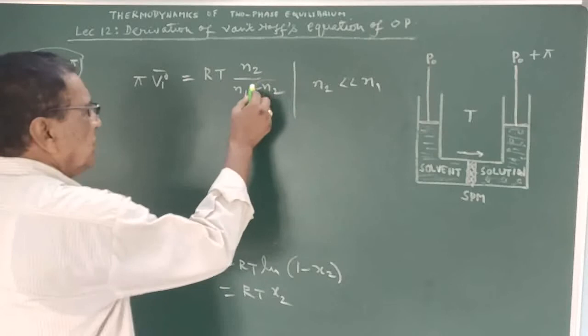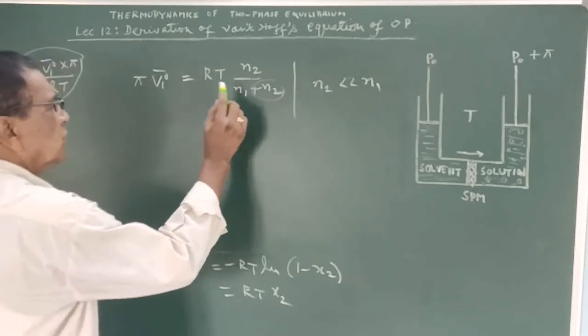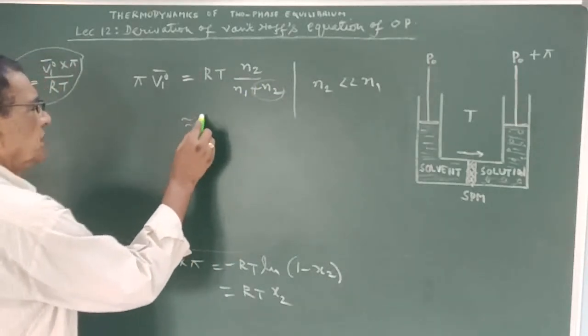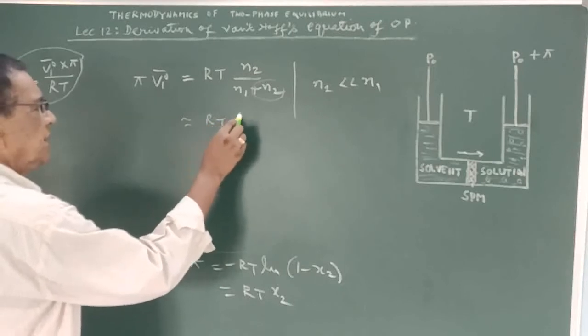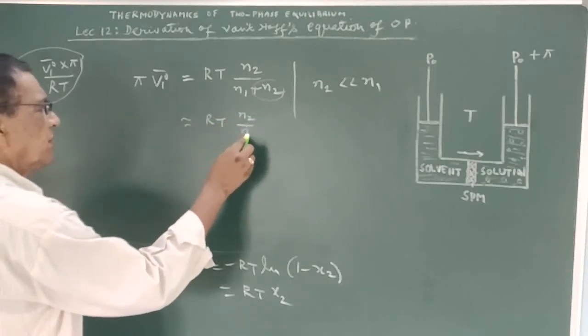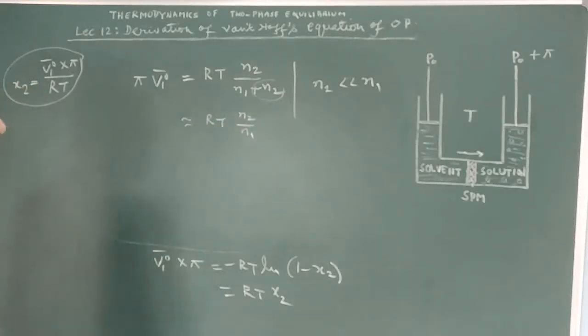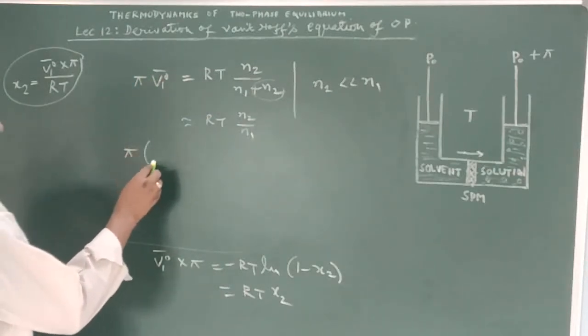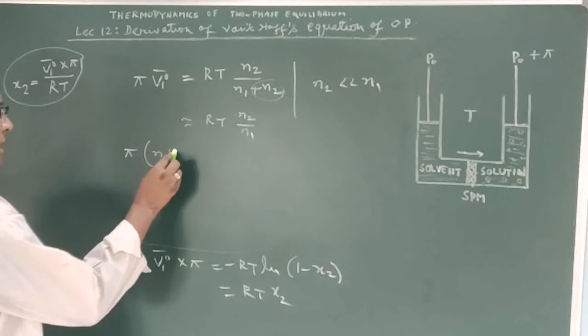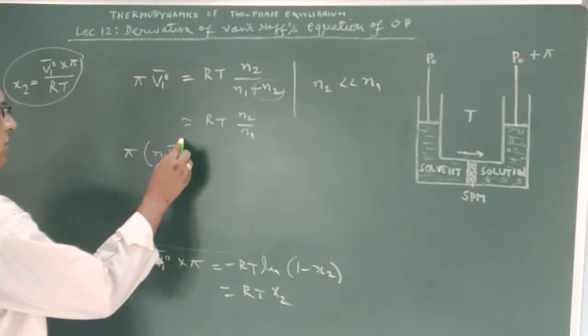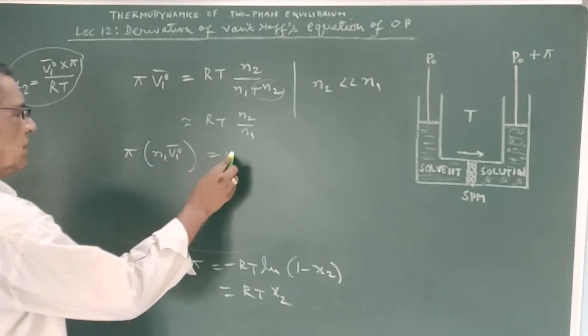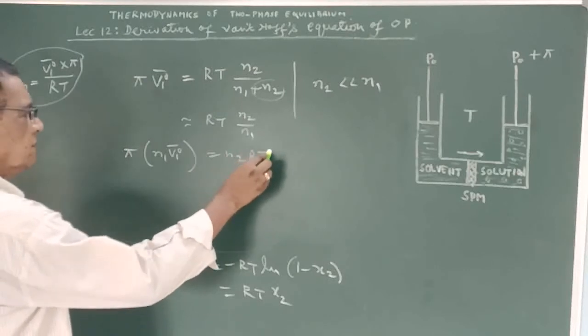So N2 you can neglect in comparison to N1. So this will be equal to RT into N2 divided by N1. If we transfer this N1 here, then pi into N1 V1 naught bar equals N2 RT.